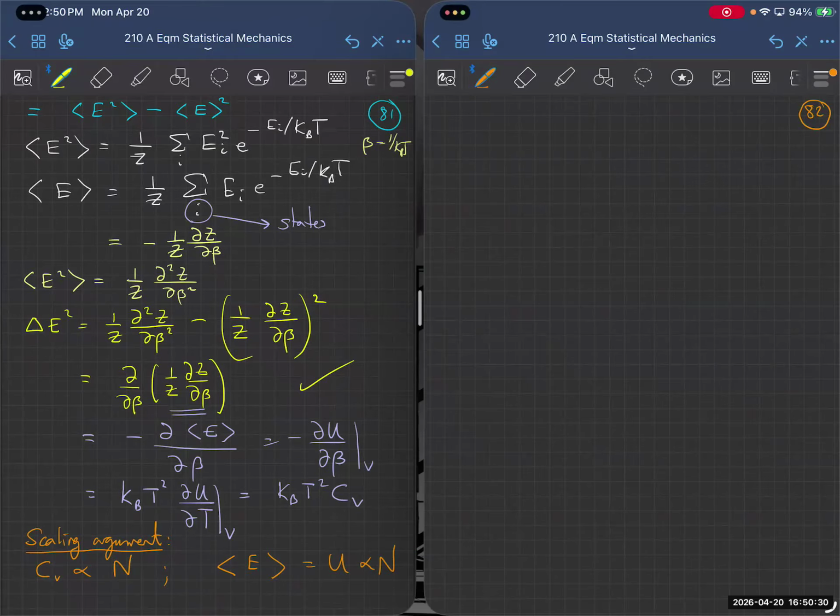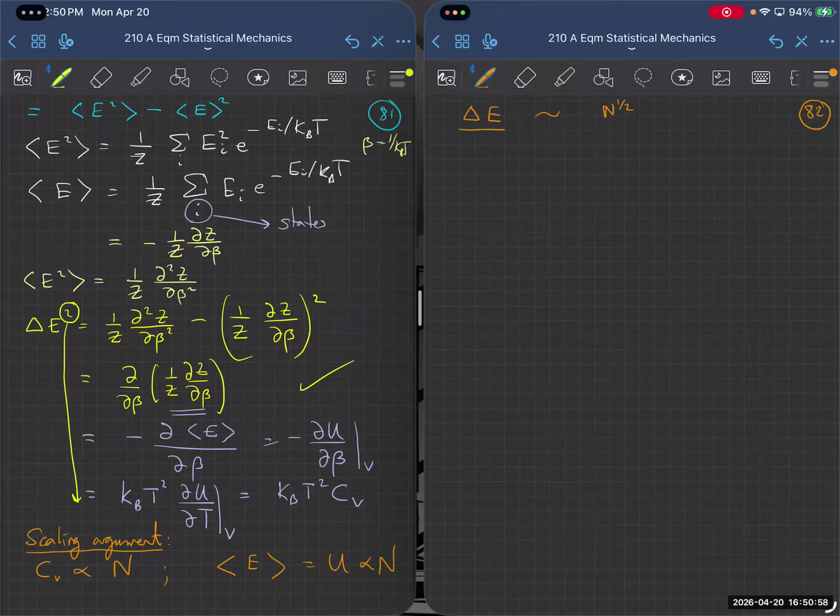I've calculated delta E squared, so if I take the square root, I get the magnitude of the energy fluctuation, and that is going to go like N to the 1/2.